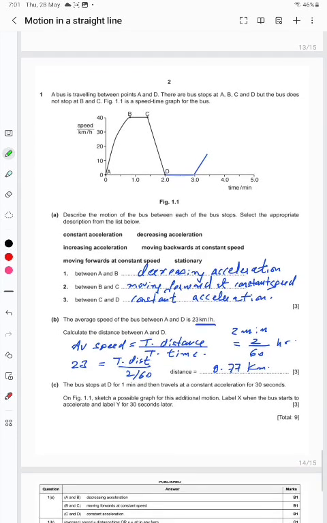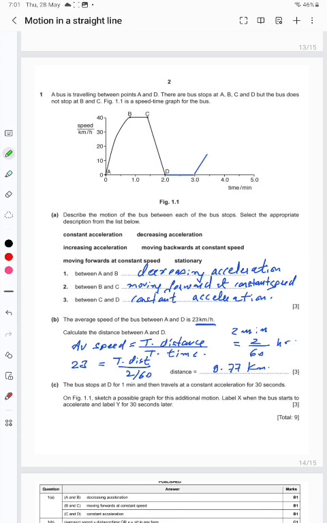Question number one. A bus is traveling between points A and D. There are four bus stops A, B, C, and D, but the bus does not stop at B, as shown in figure 1.1, and the speed-time graph is given to you.